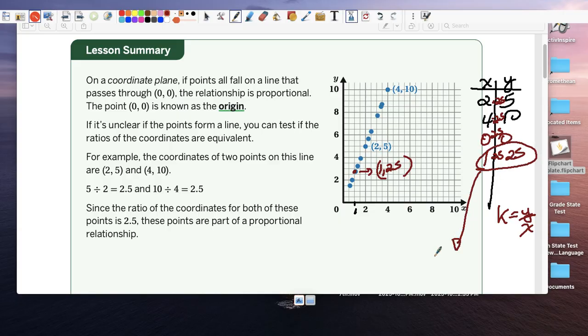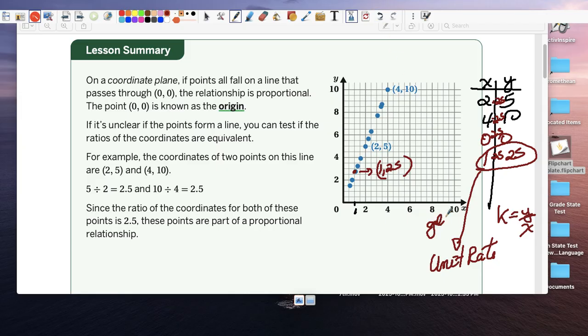Let me label things. This is my unit rate. 2.5 is my constant of proportionality. So let me write the unit rate. There is no context, so I'm going to make this up. Apples, cost. Actually, let me change that.